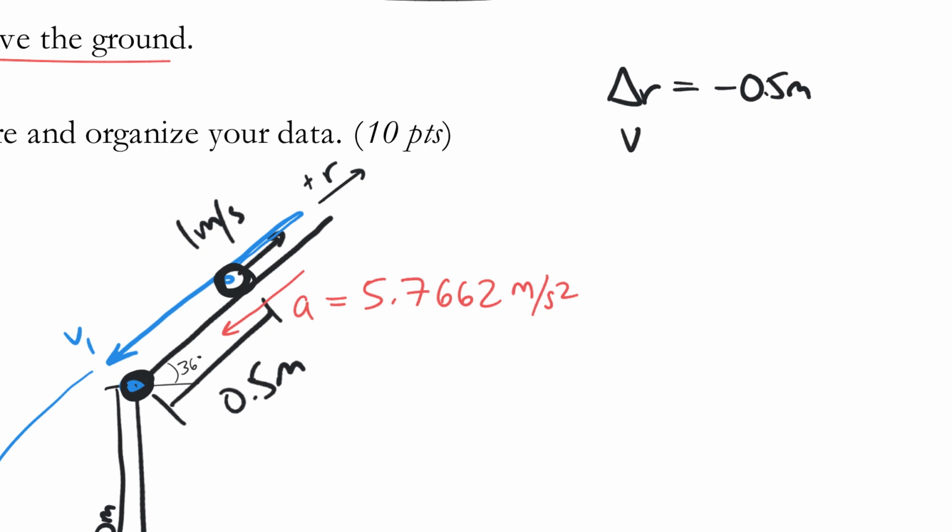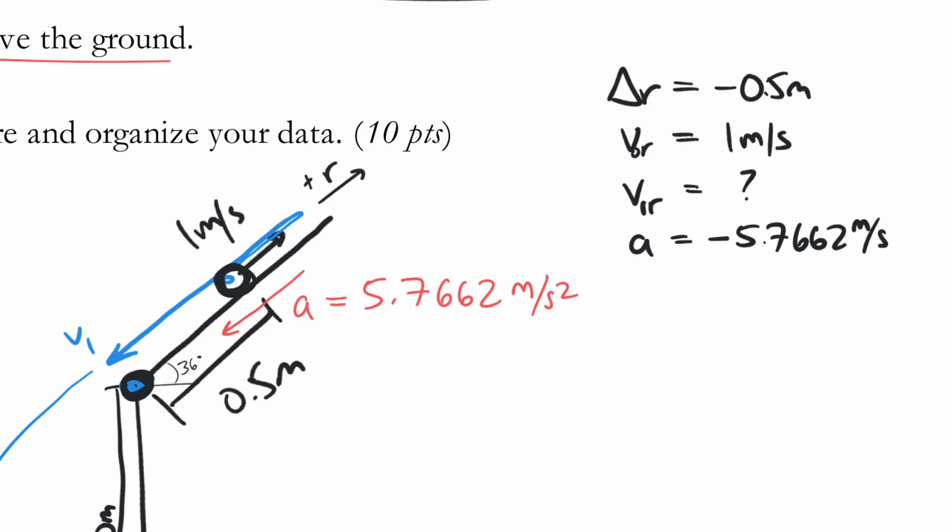Okay, I know its initial velocity in the R direction is upwards at 1 meter per second. Its final velocity, V1, is in the R direction, but I don't know what that is. Right, what else do we have here? Oh, and we know the acceleration is negative 5.7662 meters per second squared because it is in the negative R direction.